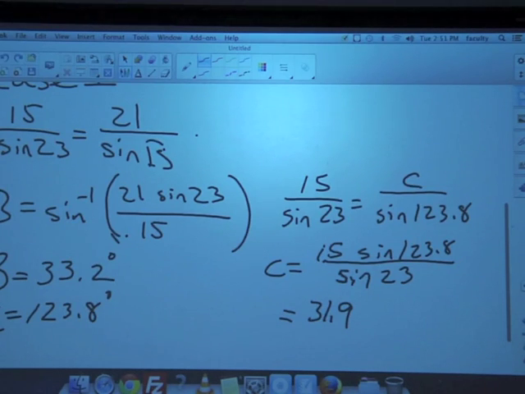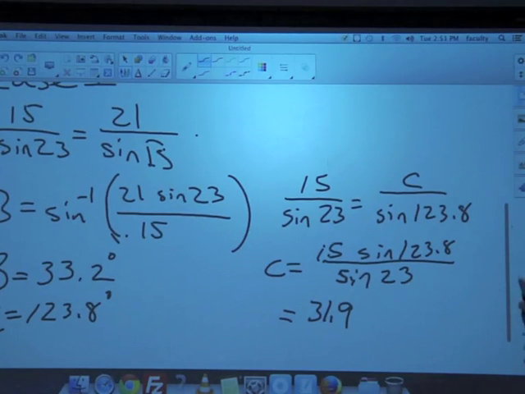But there was a second possible triangle. Now, in regards to case 1, what was the first thing we found? Angle B, right?